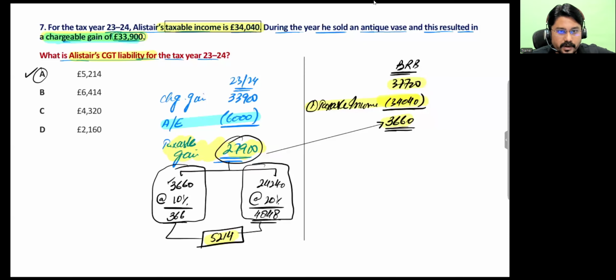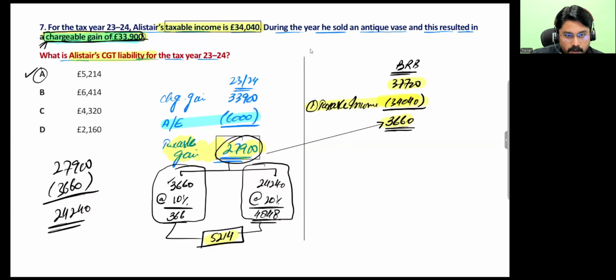I hope everyone who selected the incorrect answer is now crystal clear on this. From total taxable gains of 27,900, if 3,660 is falling in the basic rate band, then deducting gives a difference of 24,240.